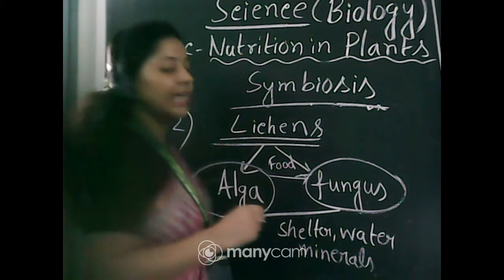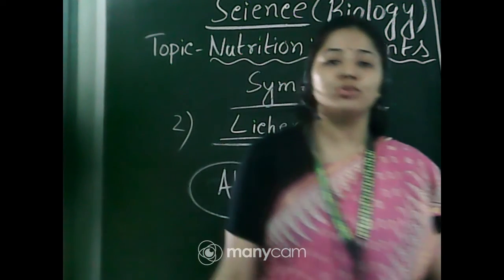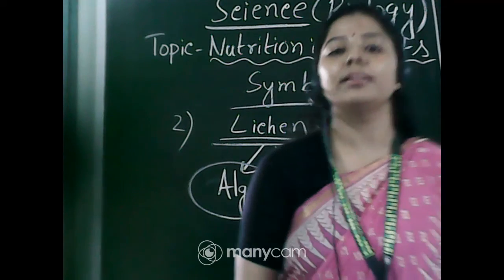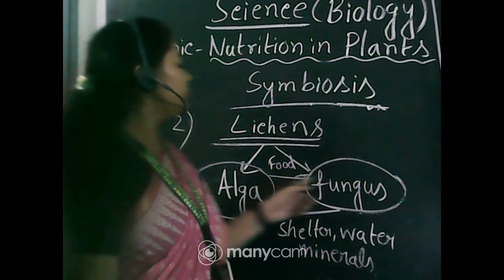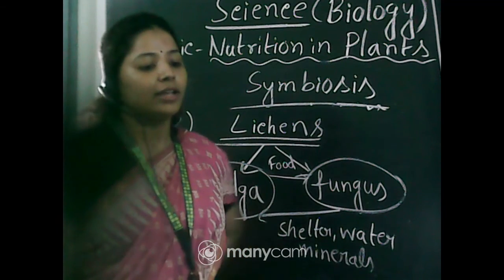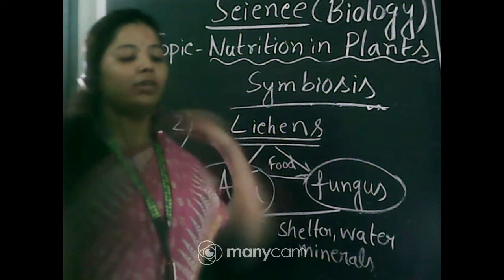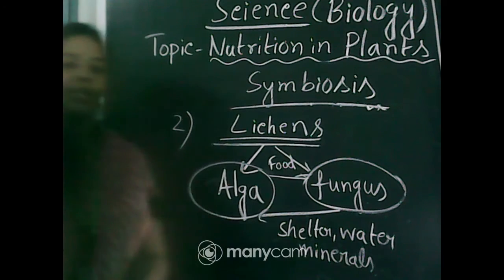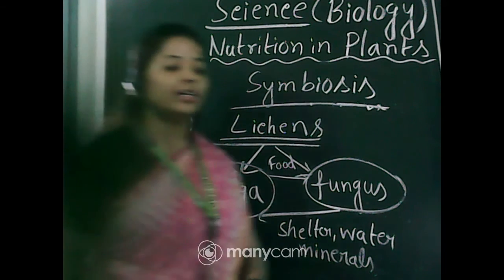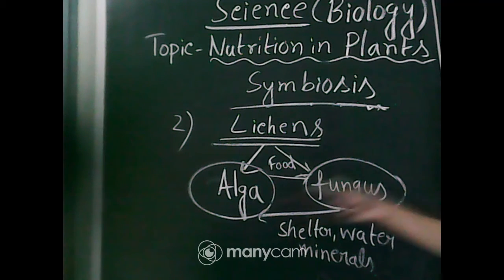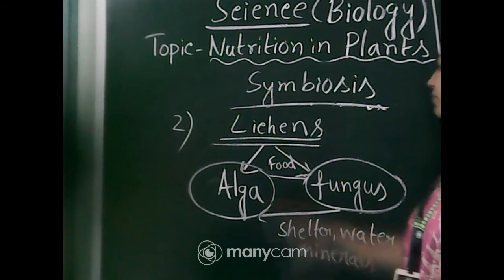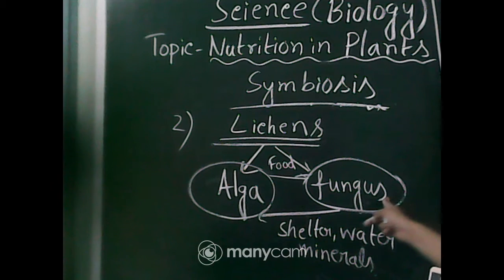As algae have chlorophyll, they can make their own food by the process of photosynthesis. So alga prepares and provides food to the fungus. We can say that in organisms like lichens, there is a chlorophyll-containing partner called algae, or alga in singular form, and another partner, the fungus.